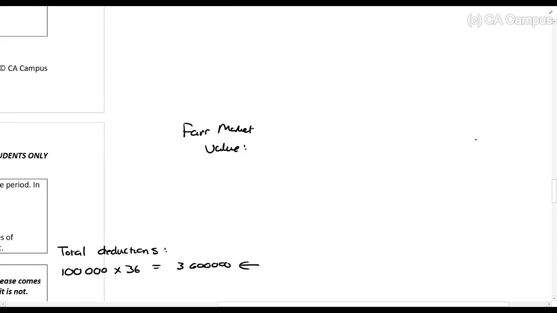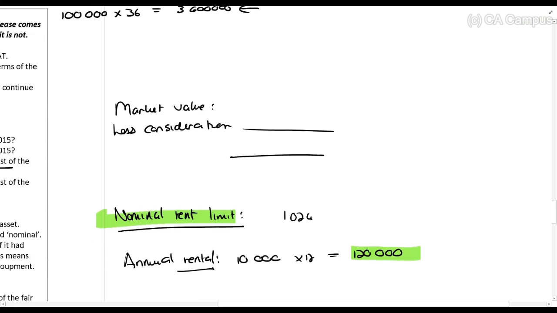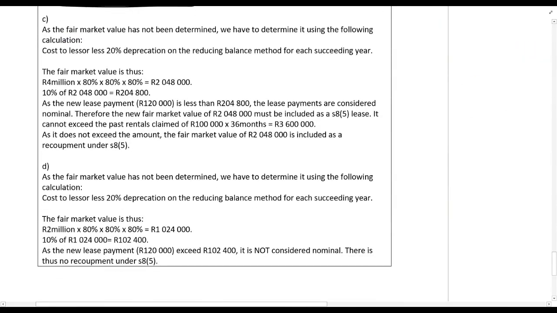So we'll say 2 million rands was the cost to the lessor, times 80% for year 1, times 80% for year 2, times 80% for year 3. 1024. Right? A nominal rent limit is then 1024 times 10%. So 102,400. We can compare that to our annual rental. Our annual rental is more than 10%, so we are not treated as if we got any benefit. We are treated as if this is arm's length, and therefore there is no recoupment.